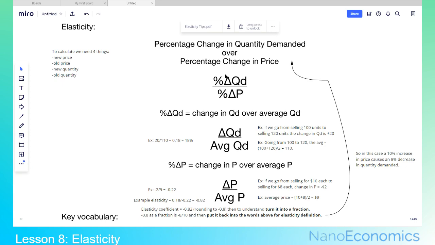And then remembering what each of those parts of the fraction are made of. And it's essentially other fractions. So if you were to write this out, it would be change in quantity demanded over average quantity demanded over change in price over average price.